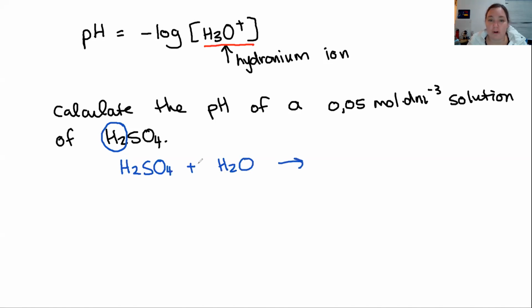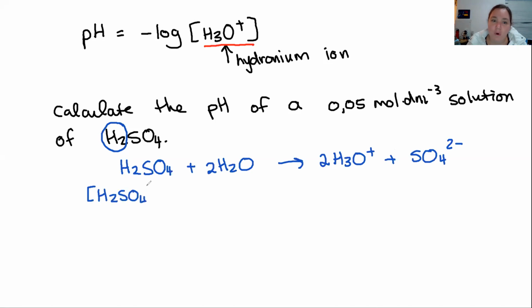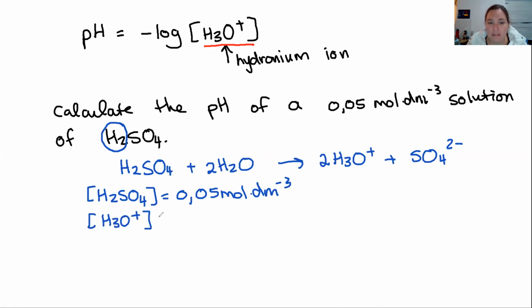So it'll give off 2 protons, react with 2 waters to produce 2 H3O pluses and SO4 2 minus. That means that if the concentration of H2SO4 is 0.05 moles per decimeter cubed, the concentration of H3O plus, it's a ratio of one of those gives us 2 of these, will be twice as much.